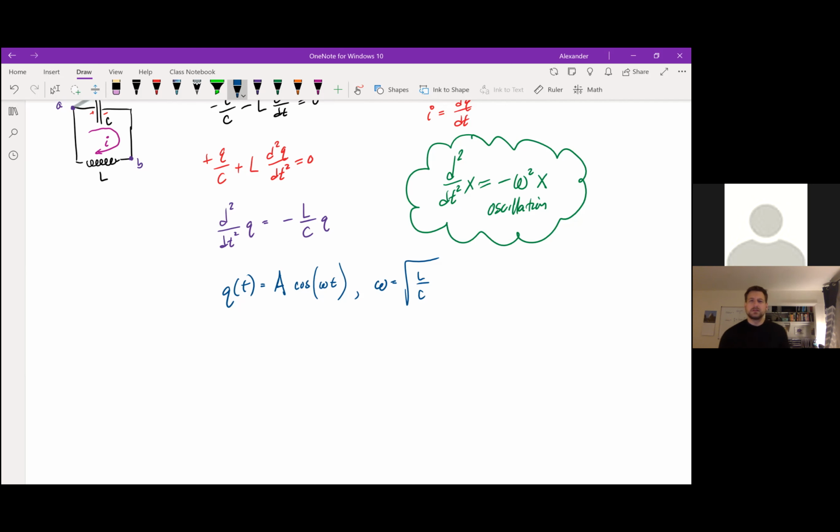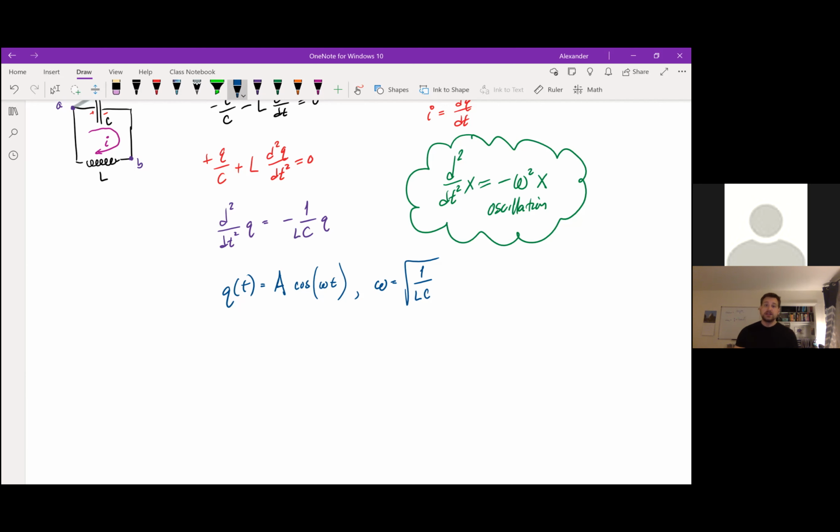Oh, wait a minute. I've done the algebra wrong. Hold on. We subtract Q over C and then we divide by L. It's not L over C. I apologize. Let me go back and fix that. The proper color here, this is 1 over LC. So I've got to fix the definition of omega, 1 over LC.